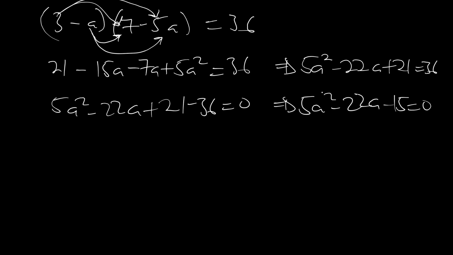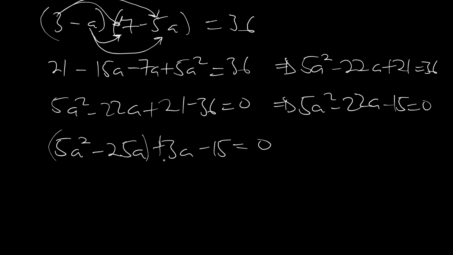Now when we multiply 5 by negative 15, we get negative 75. So we look for factors of 75 that when we add, we get negative 22, and that will be negative 25 and 3. So we have 5a squared minus 25a plus 3a minus 15 is equal to 0.